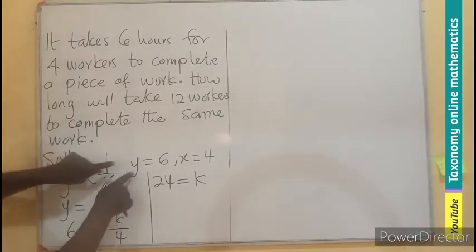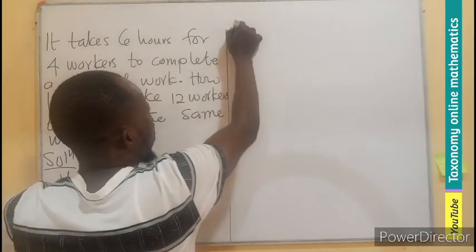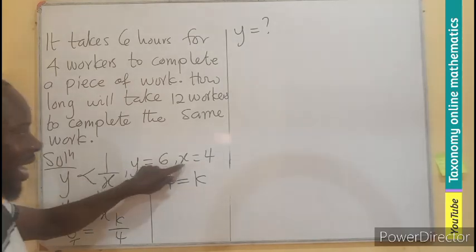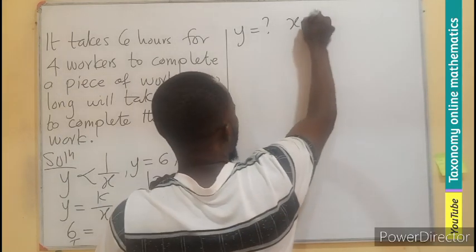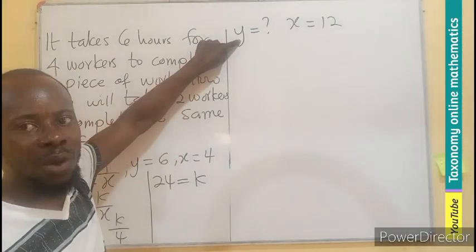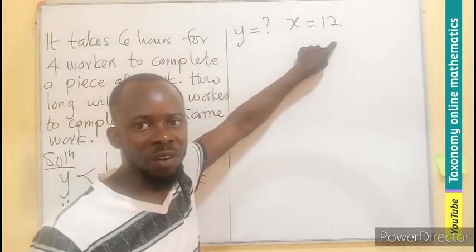Now, picking my y to be what I don't know, what I am looking for, the x has been increased to 12. What do you think will be the y, which depends on the number of people?